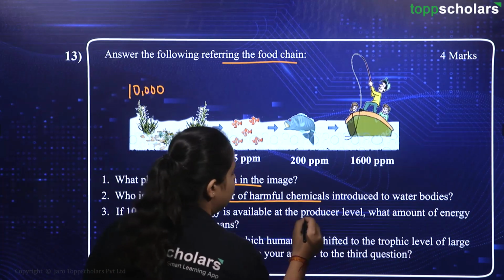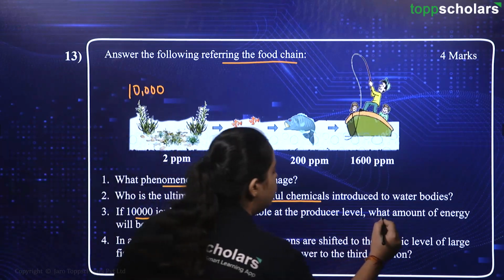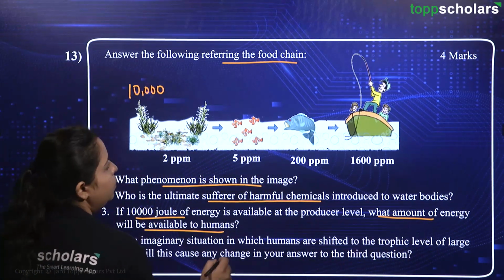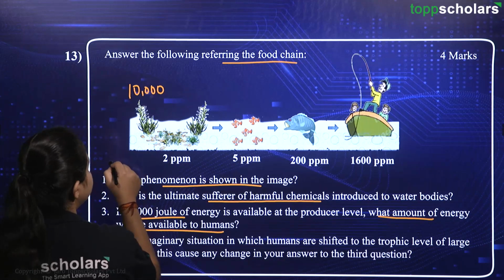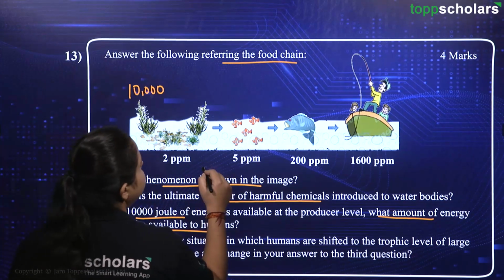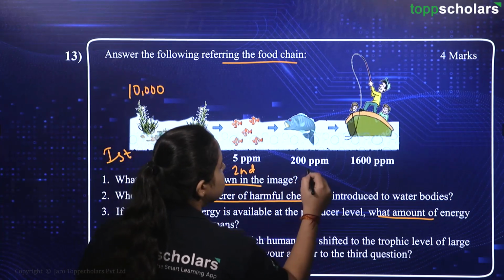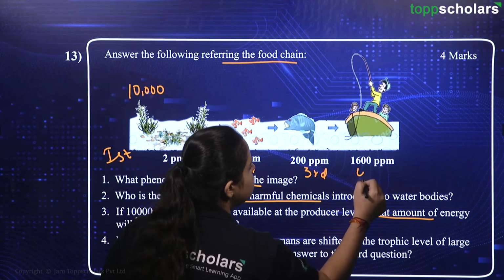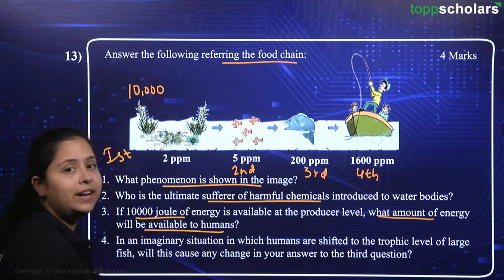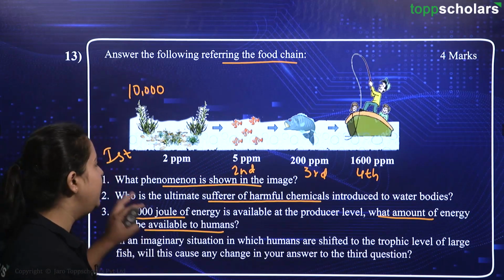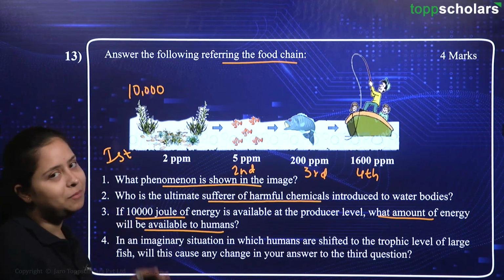What amount of energy will be available to humans? This is the first trophic level, this one is second, this one is third, and this one is fourth. So friends, follow the 10% rule and you will be able to get the answer for this third part.